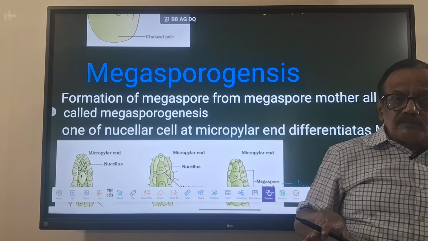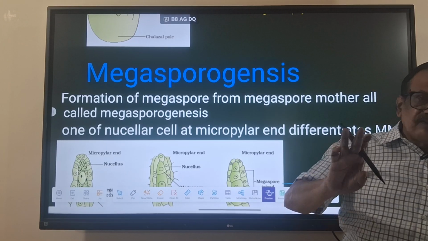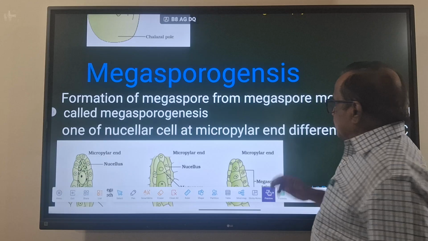Here also meiotic division takes place, and four will be formed.